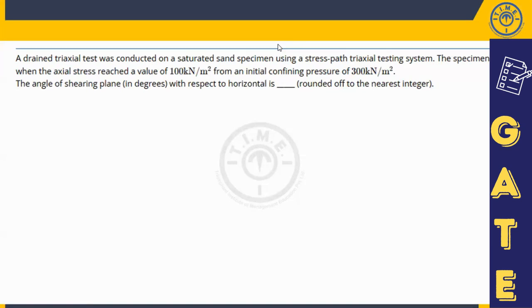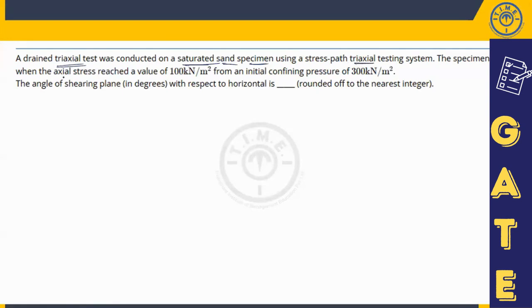Next question states: a drained triaxial test was conducted on a saturated sand specimen using a stress path triaxial testing system.